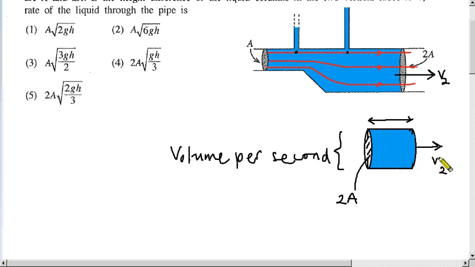Because the velocity is v2 and we have drawn the column that is leaving per second, this length must be v2. What is the meaning of v2? The distance per second. So therefore this length must be v2.